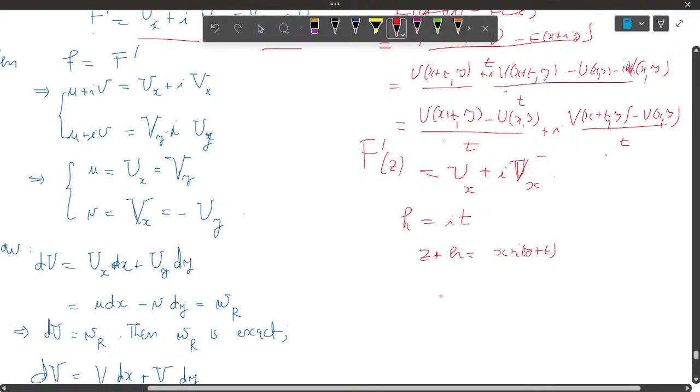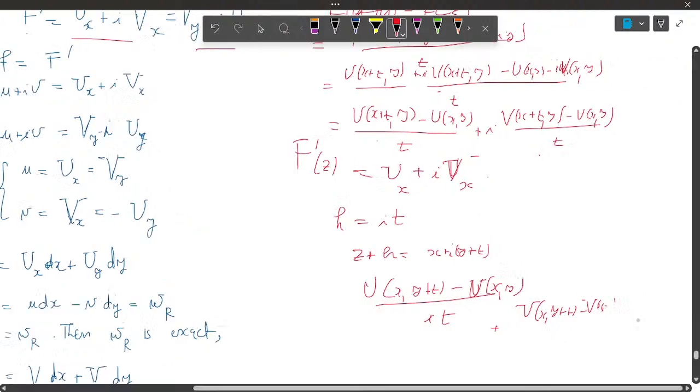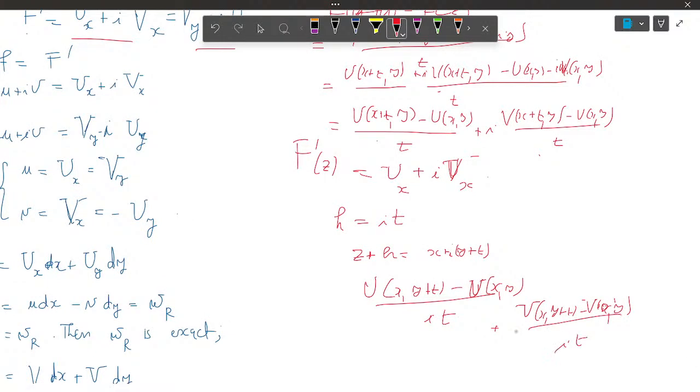Okay. Now, if we write it properly, we're going to get something like u of x, y plus t minus u of x, y divided by i t, plus v of x, y plus t minus v of x, y divided by i t, and there's an i here.